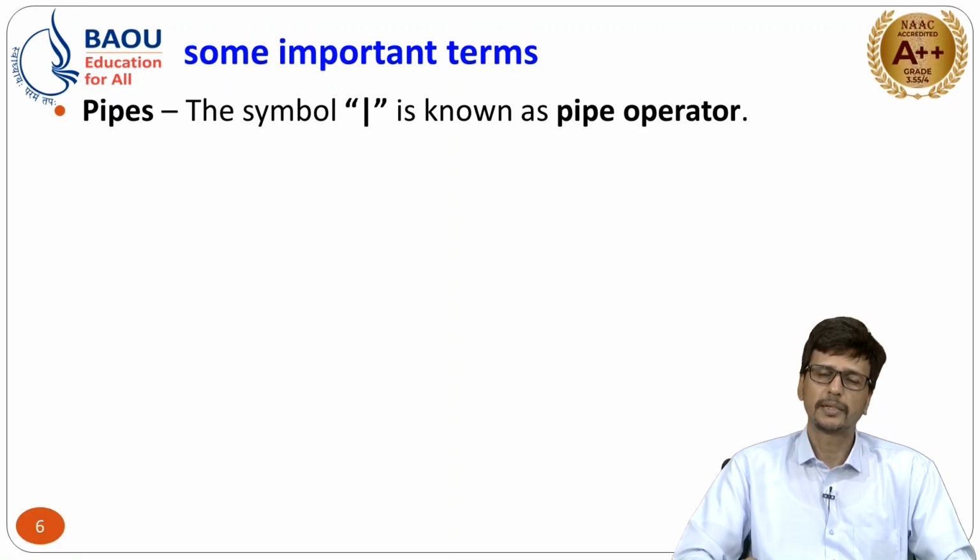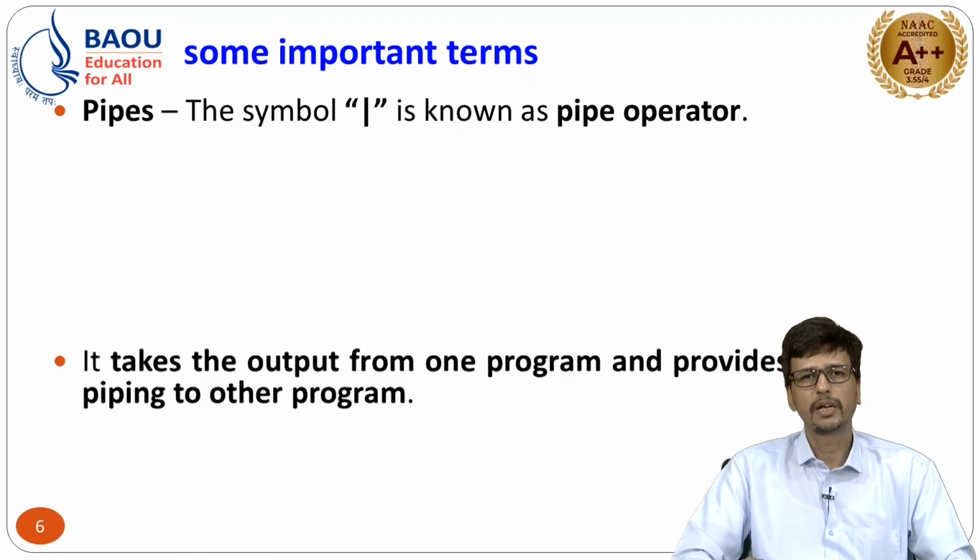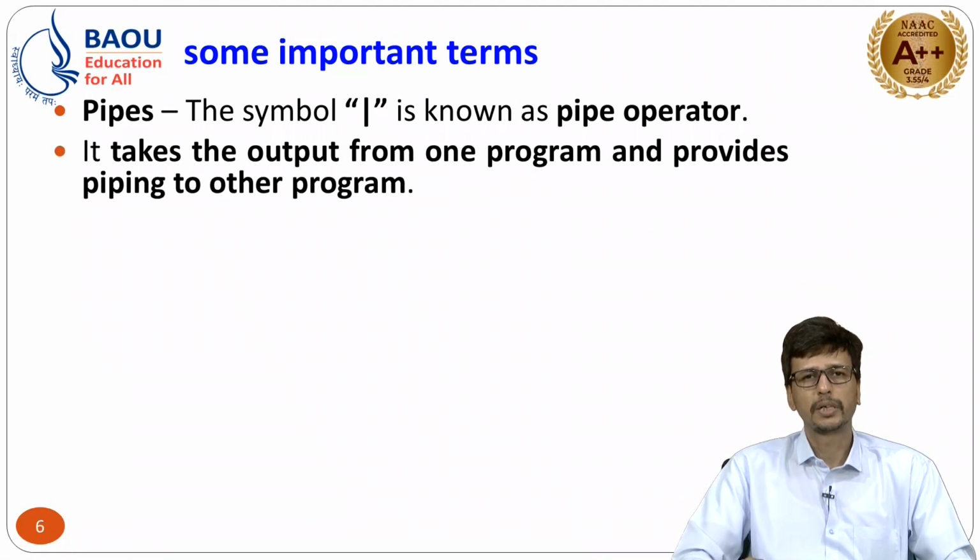Example that you are already aware of: one command that you execute, the output of that command can be used as an input to another command. This way multiple commands are combined. Now here we are talking about commands, but in the case of inter-process communication, you can consider that command as a process, right?